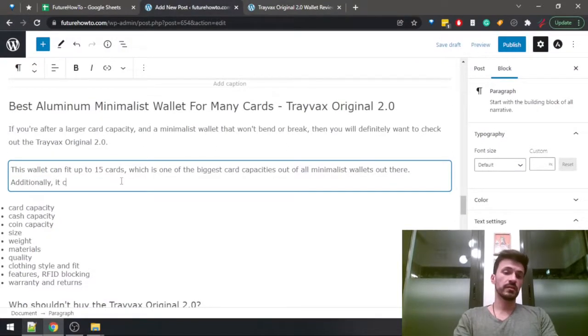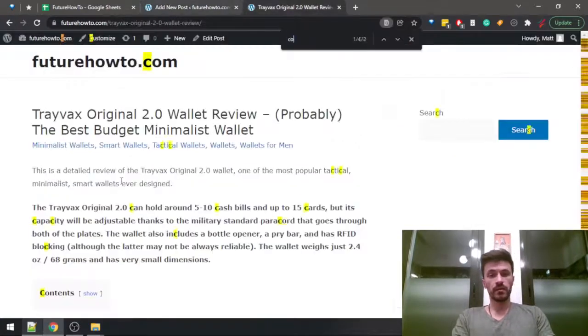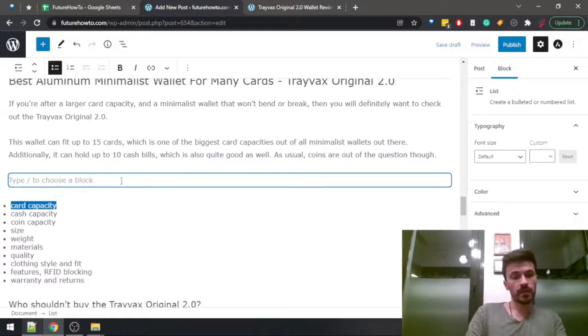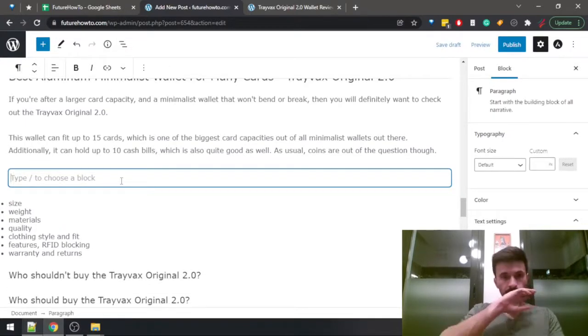Additionally, it can hold up to 10 cash bills, which is also quite good. Coins are, as usual, out of the question though. Okay, we got 3 in one paragraph.